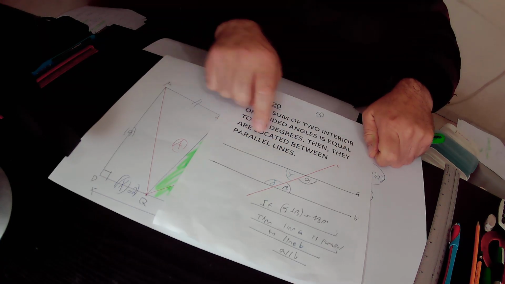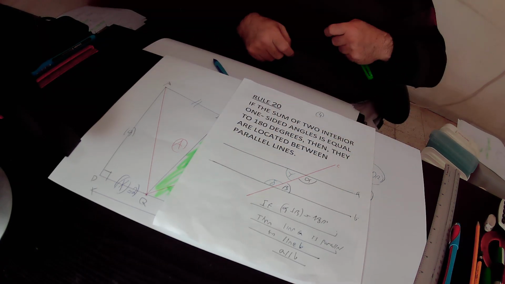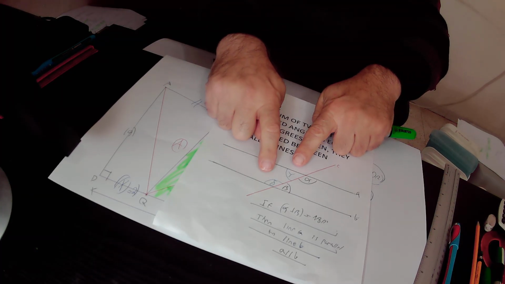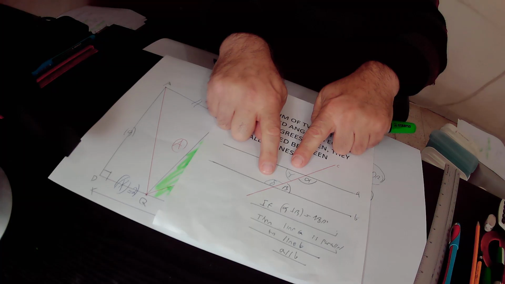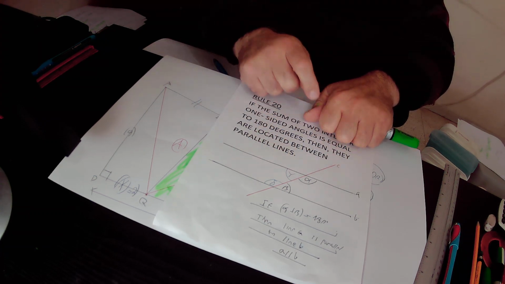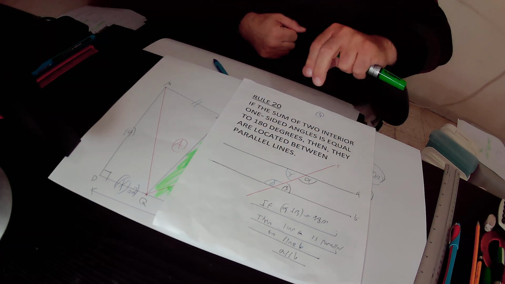That is to say, line A is parallel to line B, according to rule 20. Likewise, those two angles are gamma and delta, and they are both one-sided interior angles. So if gamma plus delta equals 180 degrees, then line A is parallel to line B. We only applied rule 20 in our drawing.